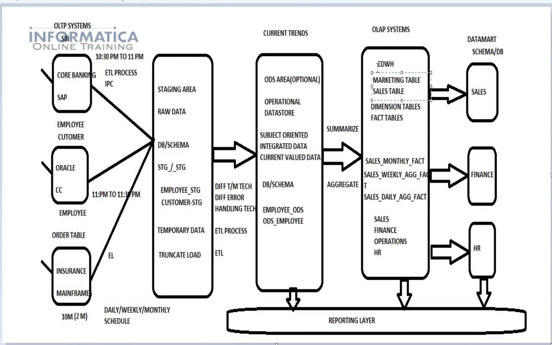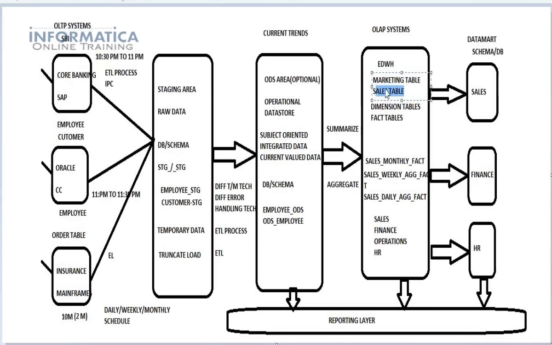If I'm running a campaign and I want to understand how much sales revenue the campaign is generating, the marketing data is present in the marketing table and the revenue data is present in the sales table. But the business user is interested in data which is a combination of both tables.